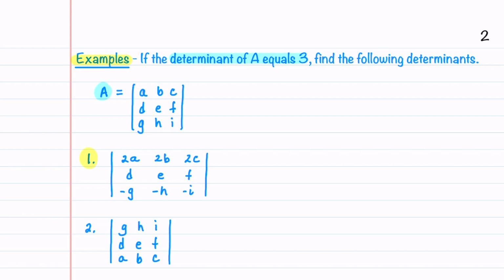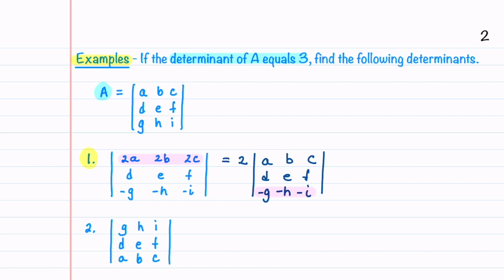In our first example, let's notice that there is a 2 multiplying every entry in the first row. We can pull out this factor of 2 and rewrite the matrix as A, B, C, D, E, F, and then -G, -H, -I. Let's now notice that we have a -1 multiplying the entries in the bottom row.